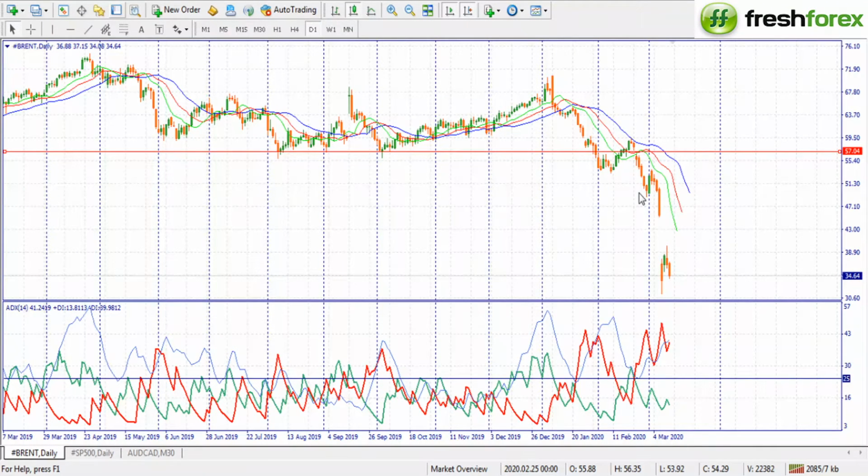So let's move forward to our next symbol. SP500. So SP500 is actively bearish. The price is continuing to the lower side. We've seen a very good downtrend.